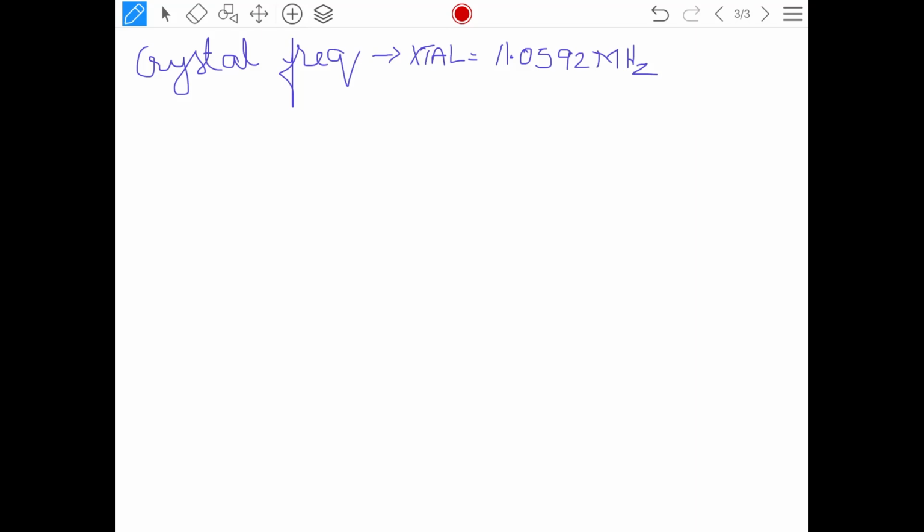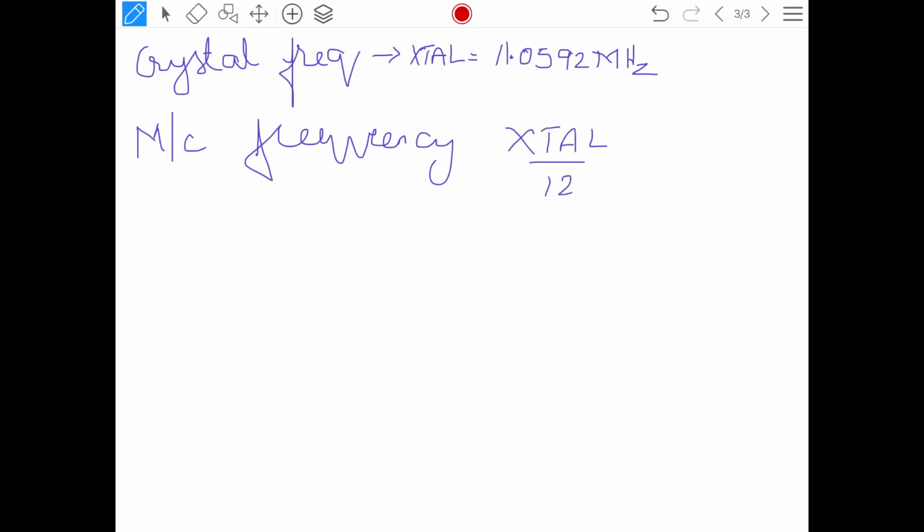Since we are concentrating on 8051 serial communication, I will consider the connected baud. Now if I want to calculate the machine cycle frequency, I will basically do XTAL divided by 12, that is 11.0592 divided by 12. So I will be getting something like 921.6 kilohertz. This is the machine cycle frequency.